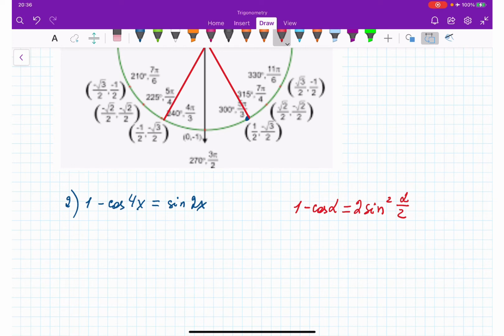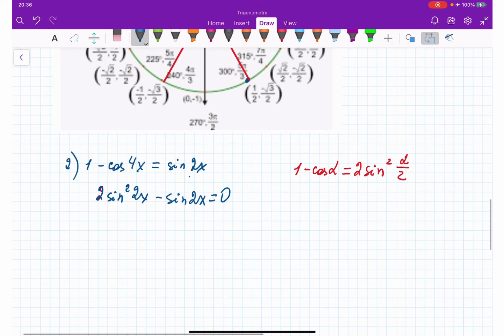So from this one, 1 minus cosine 4x is going to be 2 sine squared 2x. And moving this, 2 sine squared 2x minus sine 2x equals 0. So from here, taking out sine 2x, we are getting sine 2x times 2 sine 2x minus 1 equals 0.